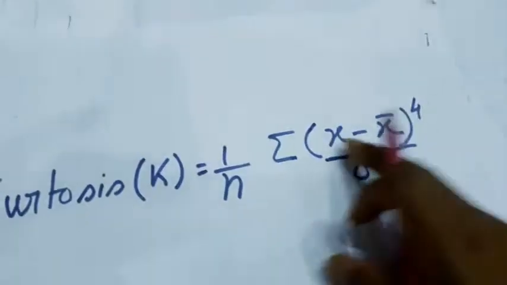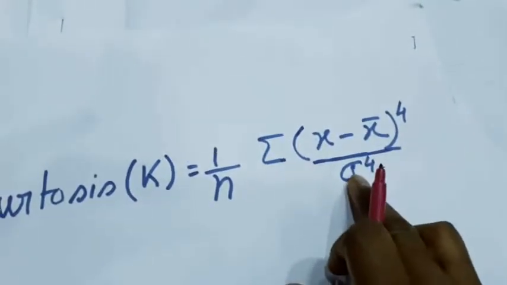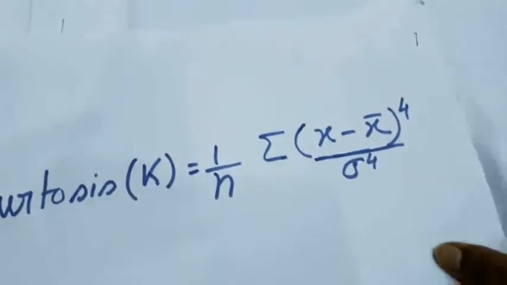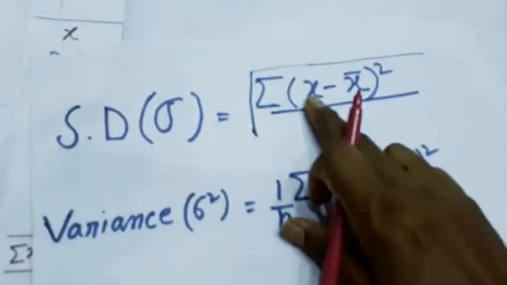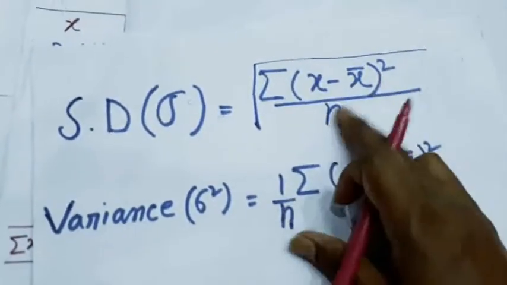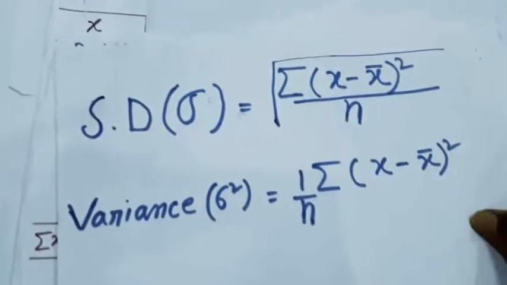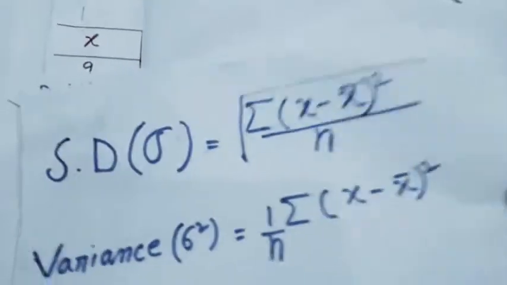Okay. Now we have to find out sigma. How is sigma obtained? Sigma needs (x minus x bar) whole square divided by n. It means we have to get a column x minus x bar.